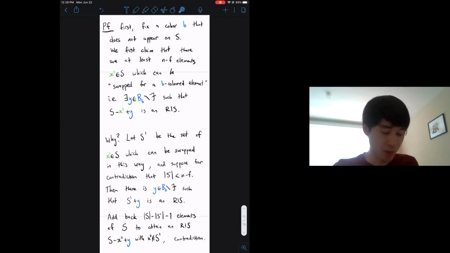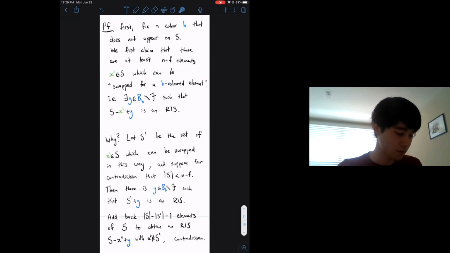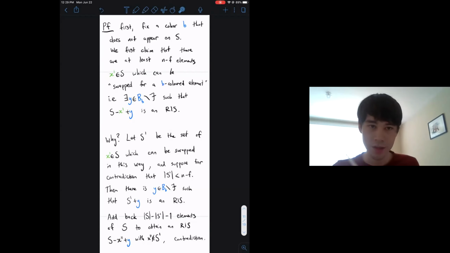And by construction, x prime prime is not going to be in S prime. It's going to be one of the ones that I deleted to go from S to S prime. But of course, this is a contradiction, because what I've done here is I've swapped x prime prime for a B colored element. And well, we're assuming that S prime was the set of all elements which can be swapped. So that is a contradiction.